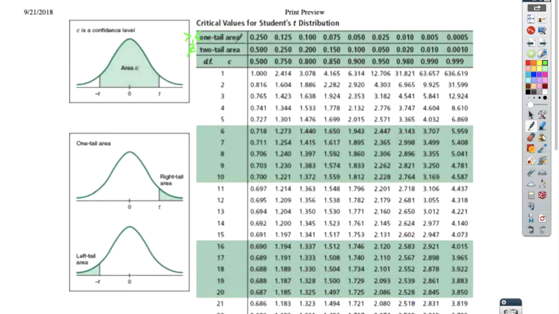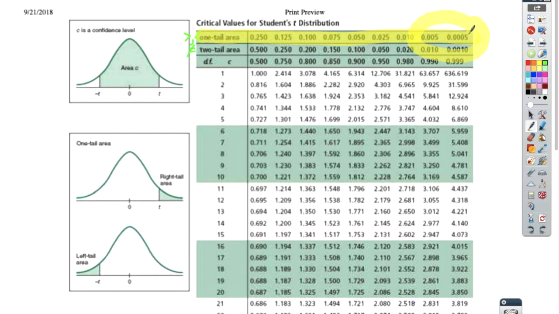And so on my formula sheet, I'm going to be here in the one tail area row. And again, I'm in these last two columns, so these two are my p-values. So you can do this in a couple different ways. You can write them out in the order that they're shown right here, 0.005 and then 0.0005.